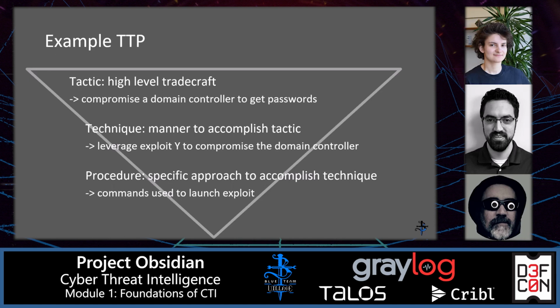And then you move on to the specific technique they used to do that. So how did they accomplish the tactic? They leveraged exploit Y to compromise the domain controller. That's a technique. And you can go down even deeper to the procedure, the specific approach they used to accomplish the technique. So like exactly what commands they used to leverage the exploit, for example.